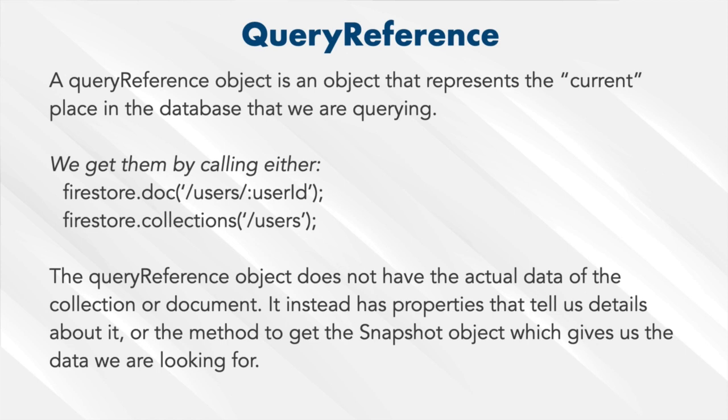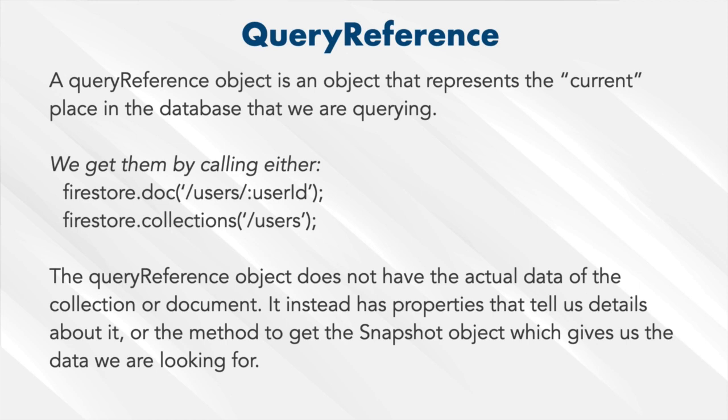We do it by calling firestore.doc and then passing it the path to that document, such as users/ and then the user ID. Or we get a collection path by calling firestore.collection and then the path to the collection, /users, for example. A query reference object does not have the actual data, though, of either the collection or the document. It just represents the place in that path in our database.